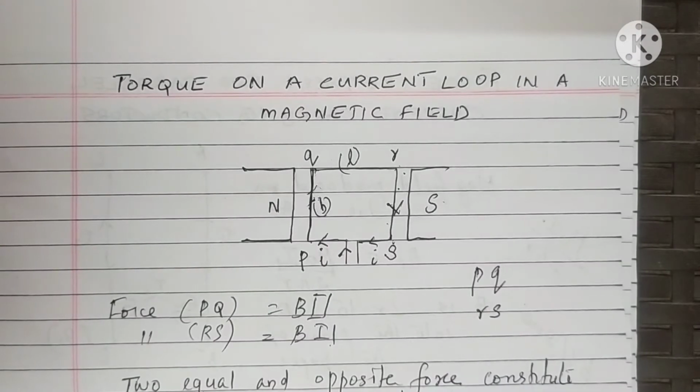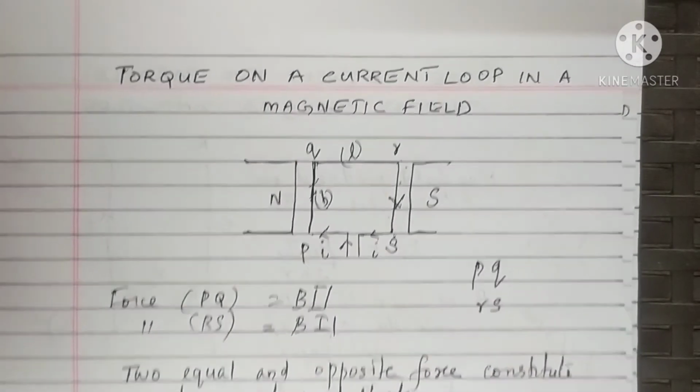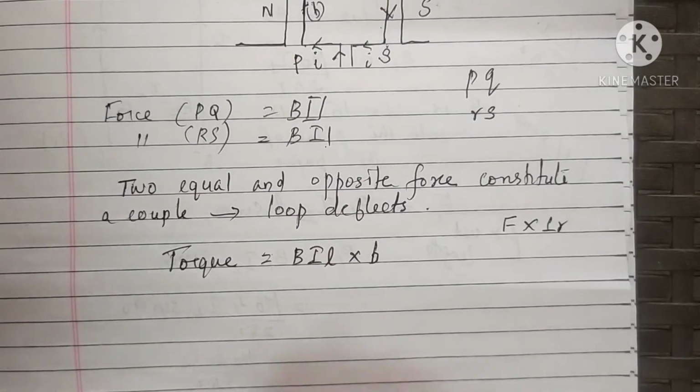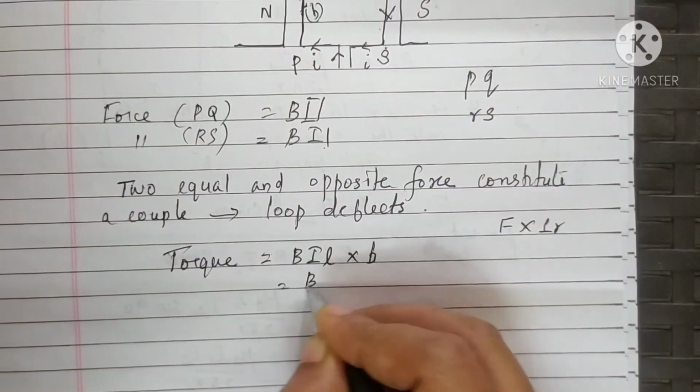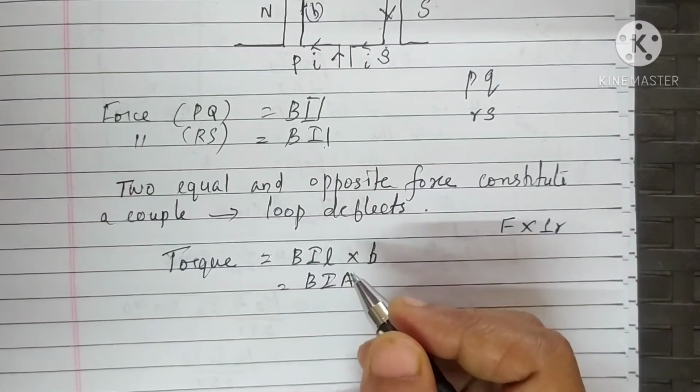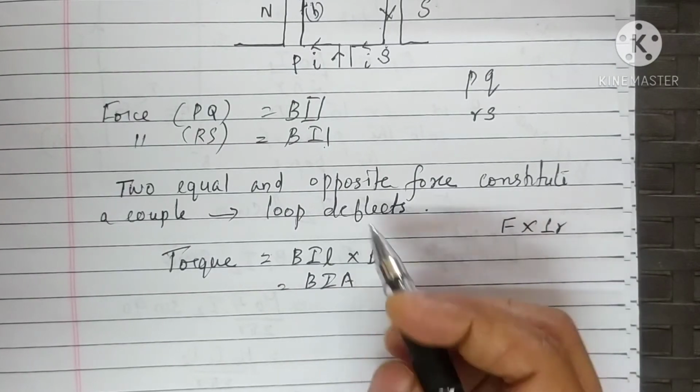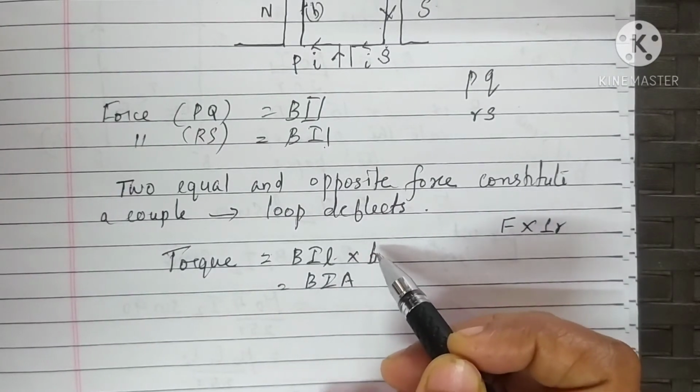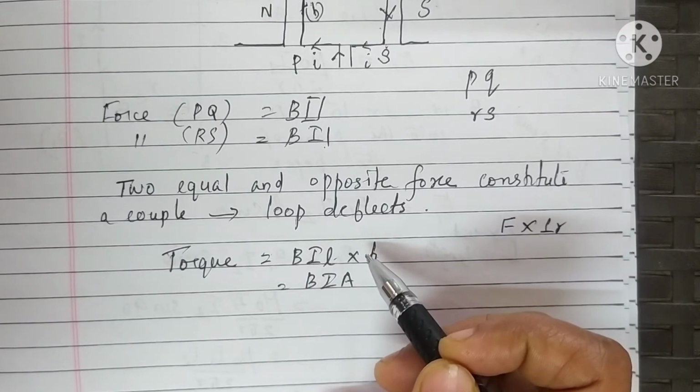Clear? Now here, length into breadth will give you area. So it is BIA, because L into B is the area of the loop. Clear?